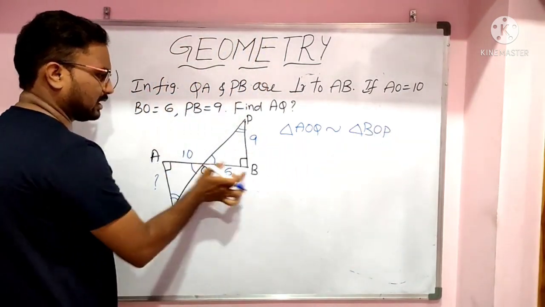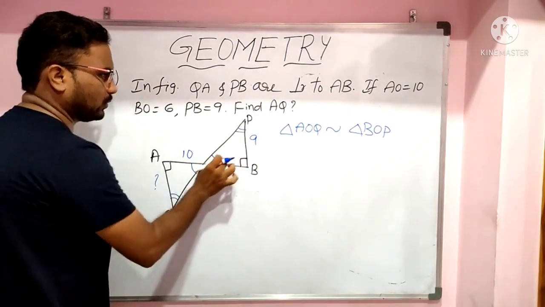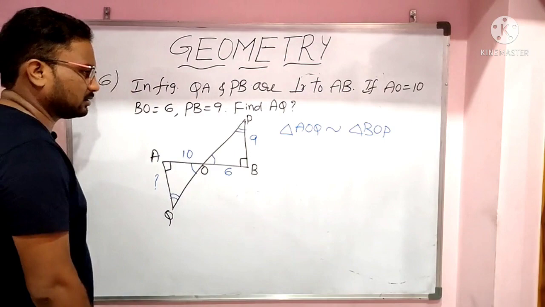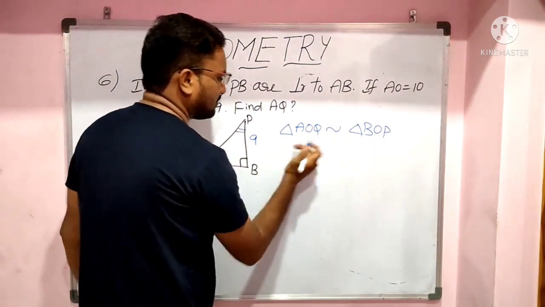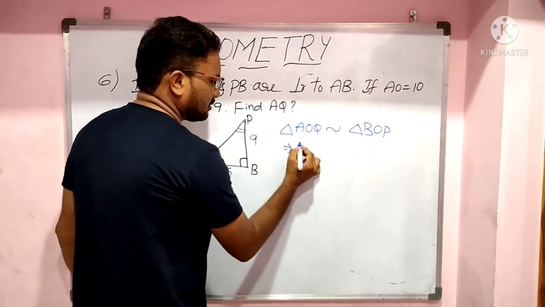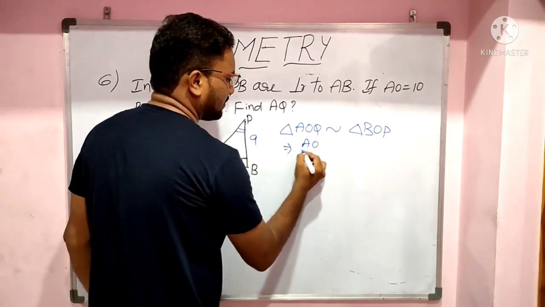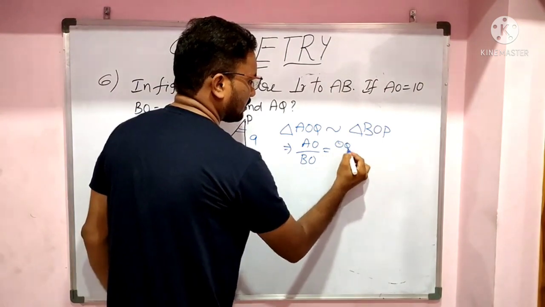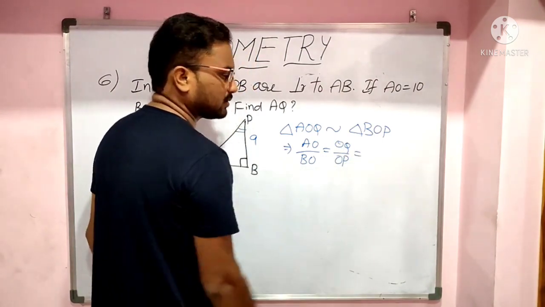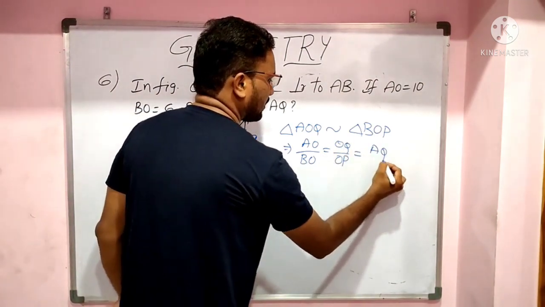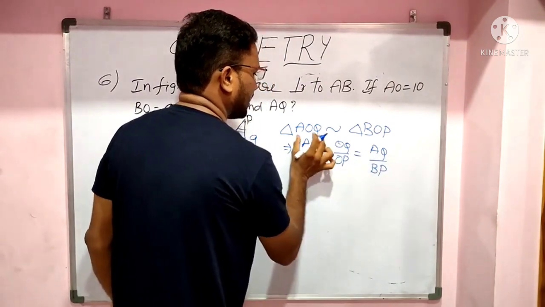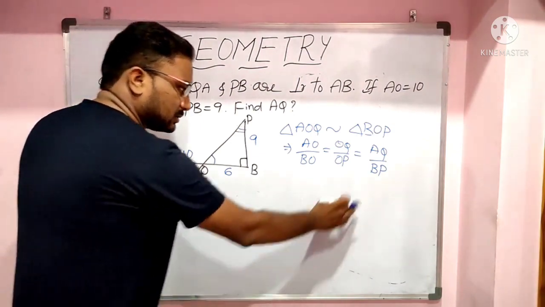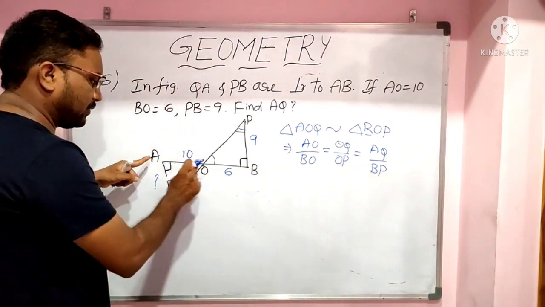Here angle A, here angle B. Okay, if two triangles are similar, then the ratio of corresponding sides are equal. That means AO by BO is equal to OQ by OP is equal to AQ by BP. Okay, so we need to find AQ. We have AO and BO.